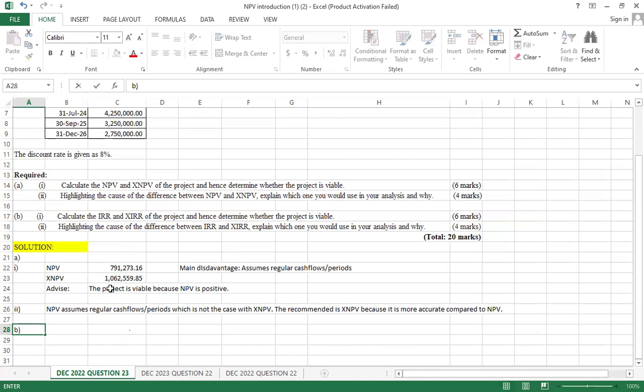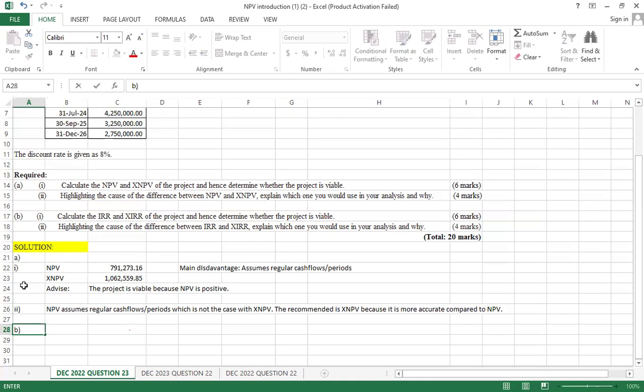All right, let's look at part B of the question. Part B also has two requirements. One, we calculate the internal rate of return and the X internal rate of return of the project, and hence determine whether the project is viable. Number two, highlight the cause of the difference between the internal rate of return and the X internal rate of return.